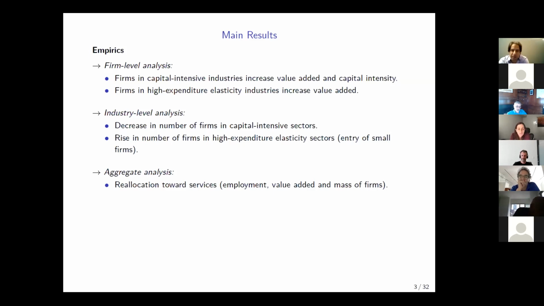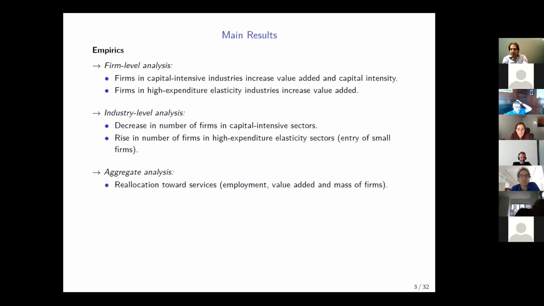Then we're going to aggregate a bit, and we're going to go to the industry level, and we're going to try to see the extensive margin, because one of the big advantages of having a model with firm heterogeneity is to understand the entry and exit margin. And you're going to see that a lot of the action in the data is coming from what would be, in a Melitz model, movements in the cutoff and the mass of firms that are producing, both across sectors and within them.